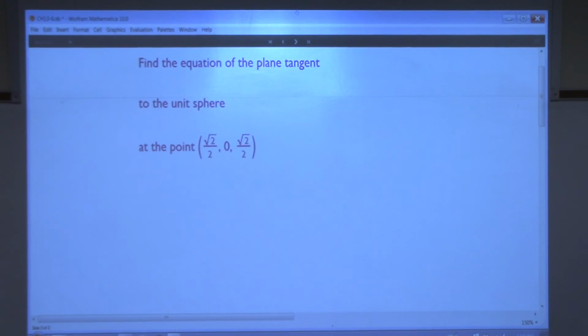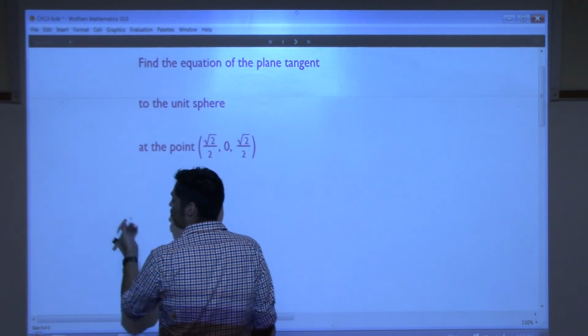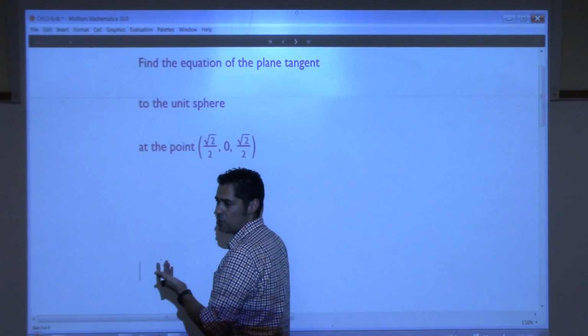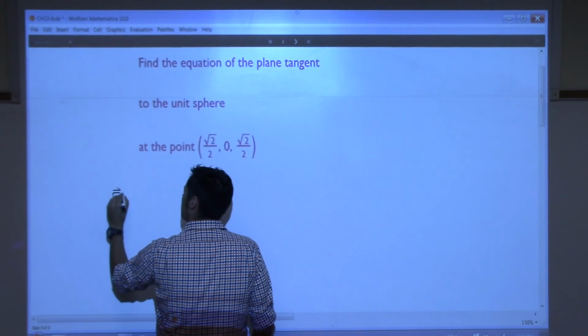Any ideas? What's your idea? Use that vector, sine u cosine v. Okay, so first let's draw the surface, right? We've got to be able to draw the surface before we can find a tangent plane to it. How do we draw this surface?